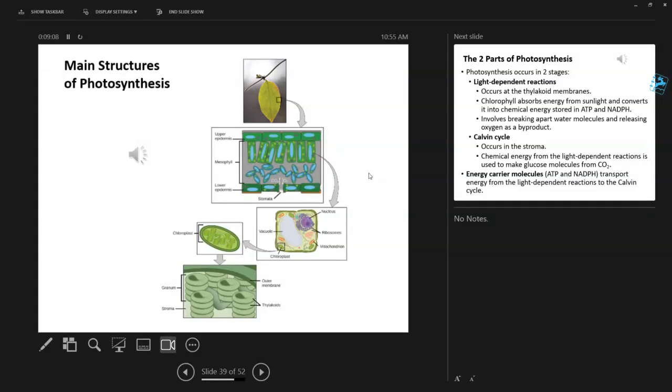That's where most of the photosynthesis occurs, in those mesophyll cells. These little green organelles are the chloroplasts, and the chloroplast is shaped kind of like the mitochondria, like a long oval.